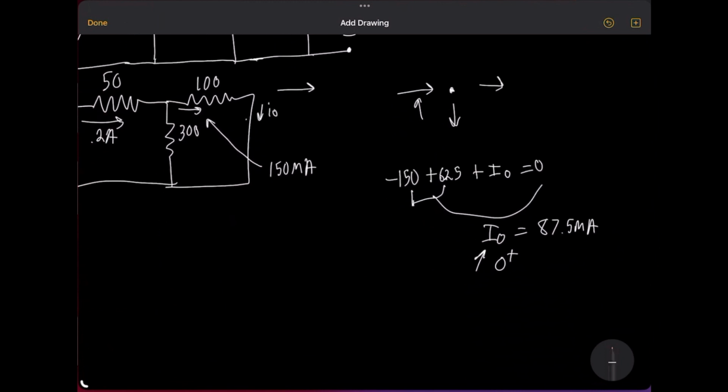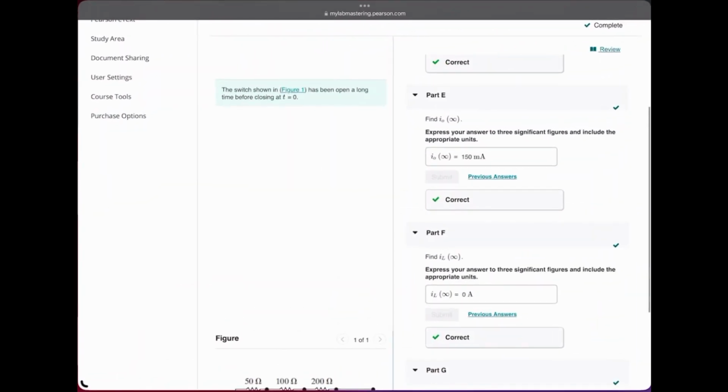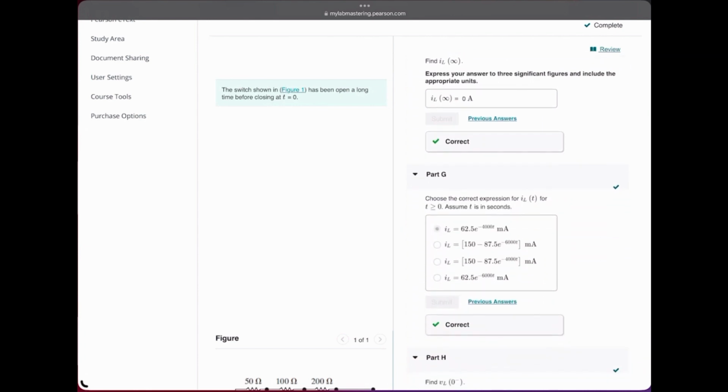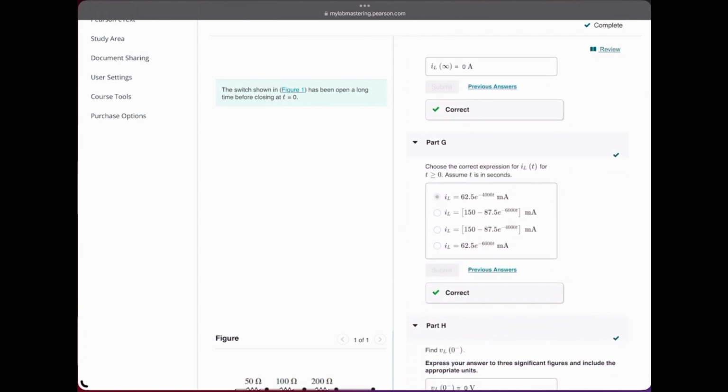So its final state for I as it goes to infinity will be 150 milliamps.